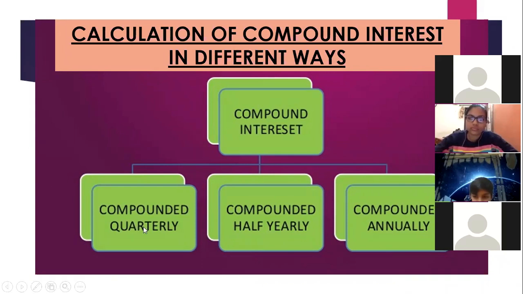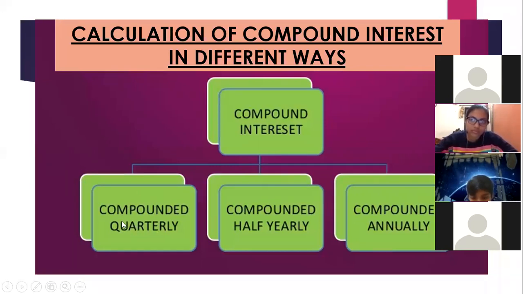Then third way is compounded quarterly. That means in a year, I'm going to calculate my interest 4 times. Quarter means 4. So every 3 months, I'm going to calculate the interest, add it to the principal and generate a new principal. So this is very, very high amount.